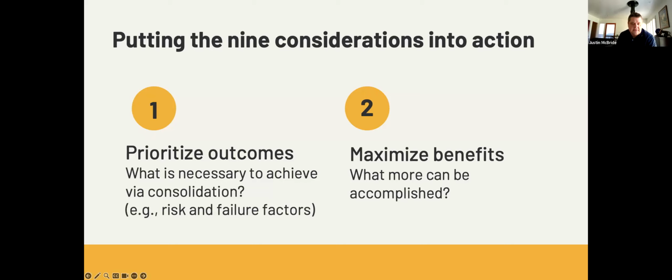And then consolidation is something that we start exploring frantically, but we don't have to stop there. Looking to maximize benefits over the long term and to build resiliency over the long term can actually be done in a more proactive fashion. So looking at potential consolidation partners before things get to a crisis point.